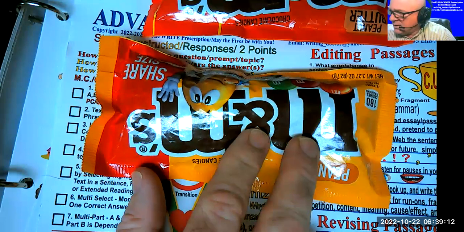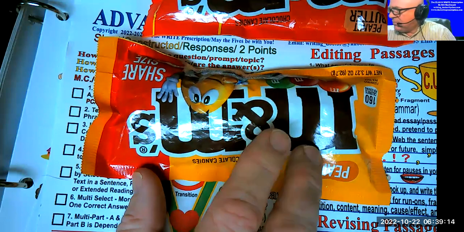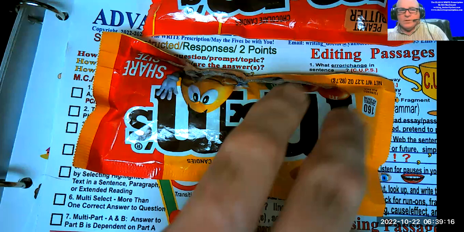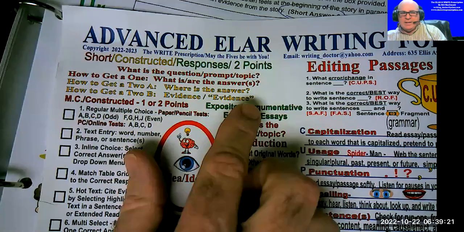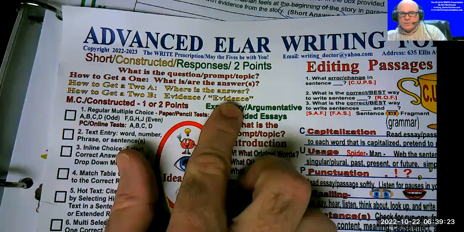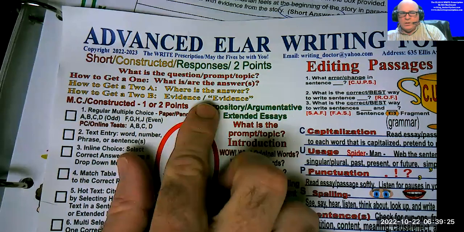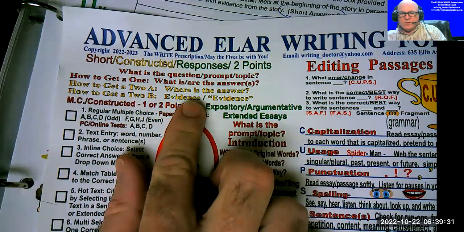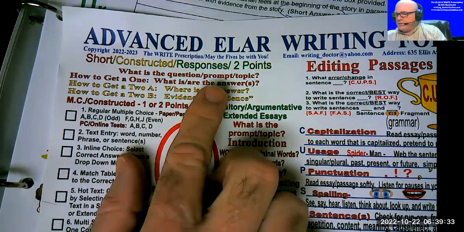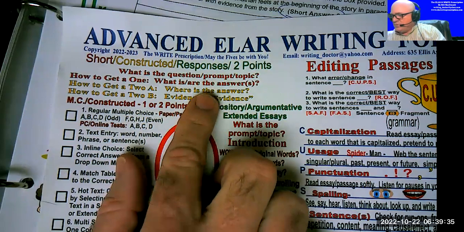So keep that in mind. Once you have the evidence and you can highlight the evidence, then we'll use that evidence to decide what the answer to the question is. And that can get your students a 2.